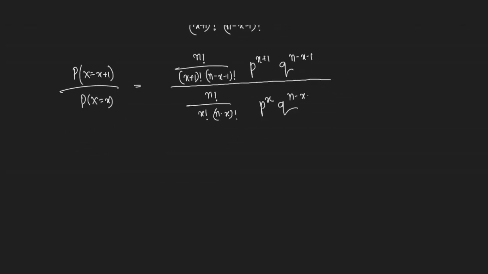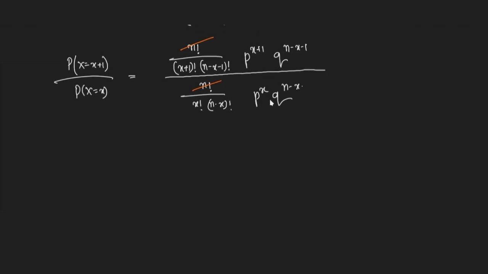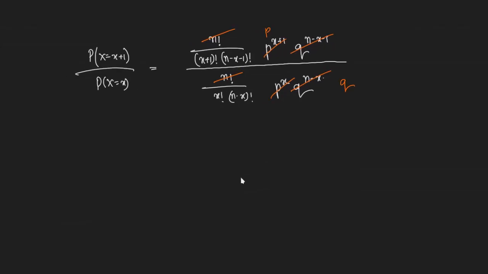So n cancels out, right? p to the power x cancels, leaving only one p. The q powers cancel and leave only a q in the denominator, because n minus x minus 1 remains.